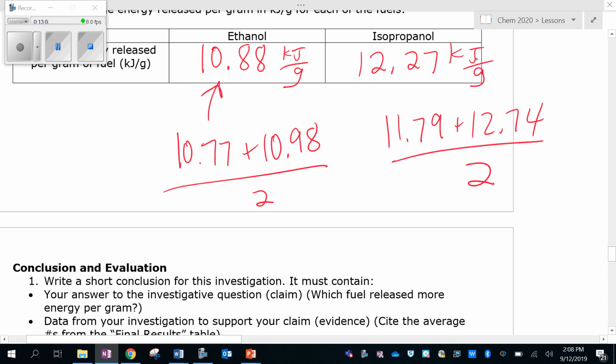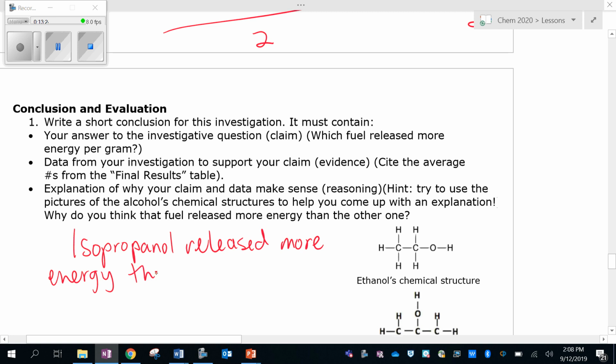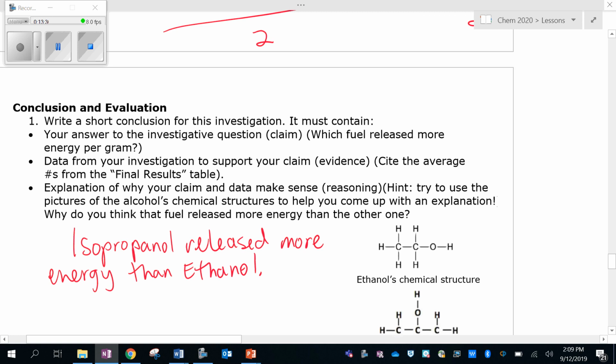So now we've got to think about our results, write a conclusion. Start by answering the question, which fuel released more energy? Isopropanol. So I'm just going to say that. Isopropanol released more energy than ethanol. It says use data to support your claim.